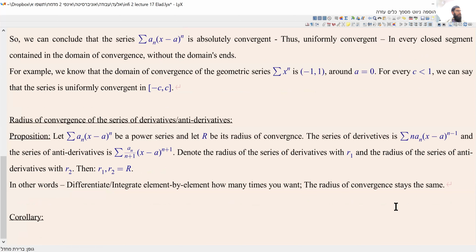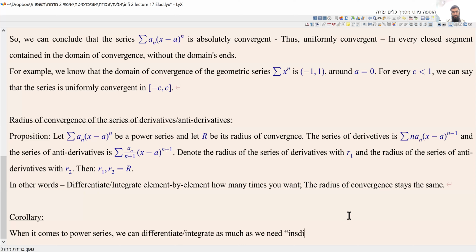What does it actually mean by whatever we told till this very point? When it comes to power series, we can differentiate/integrate as much as we need inside the domain of convergence.